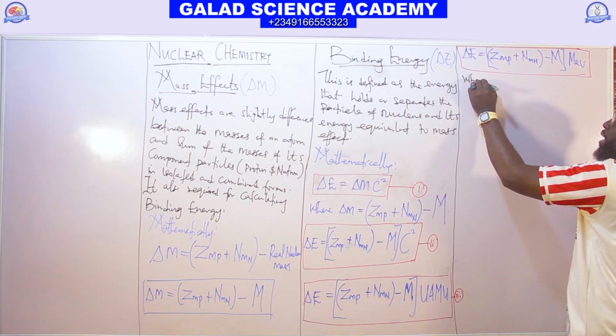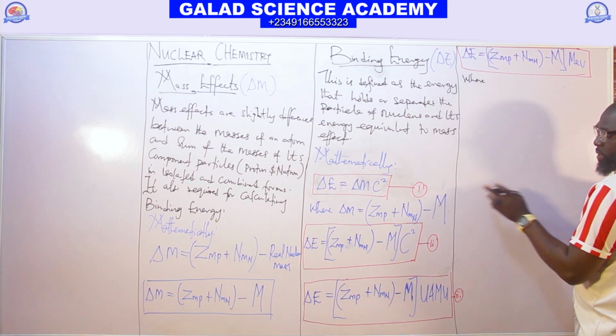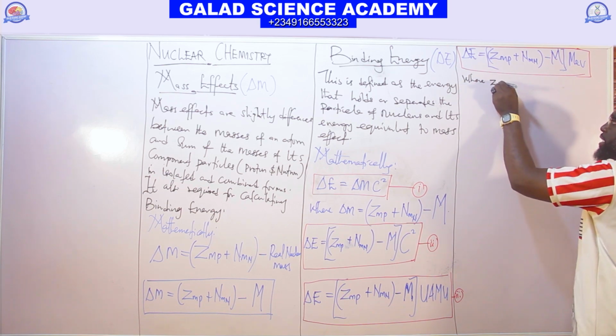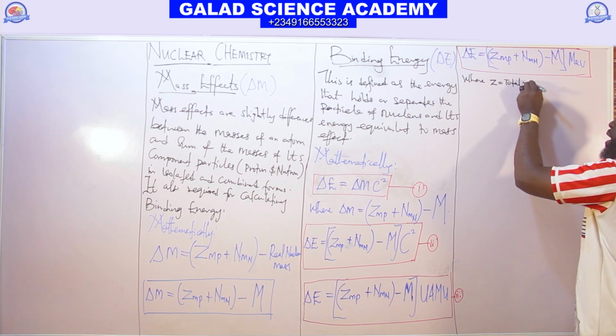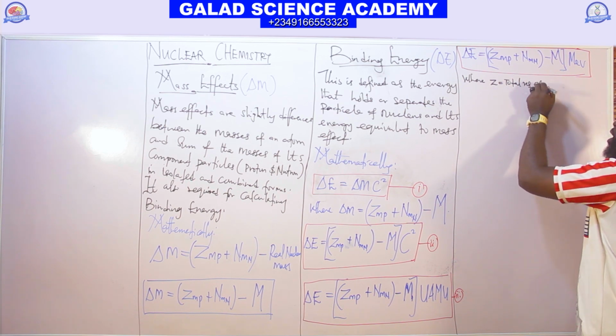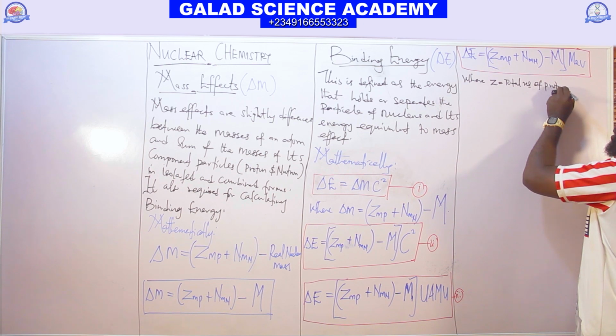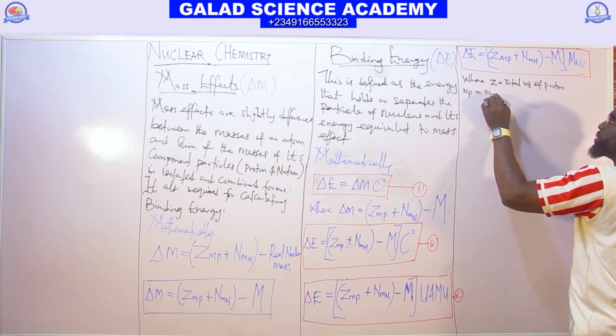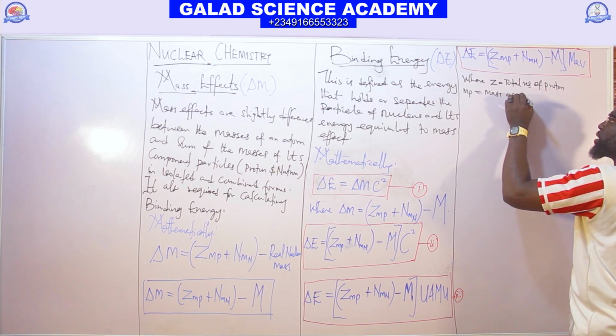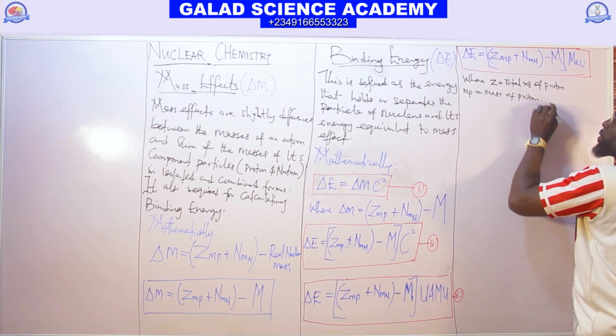Where this Z is the total number of proton. This Mp is mass of proton.